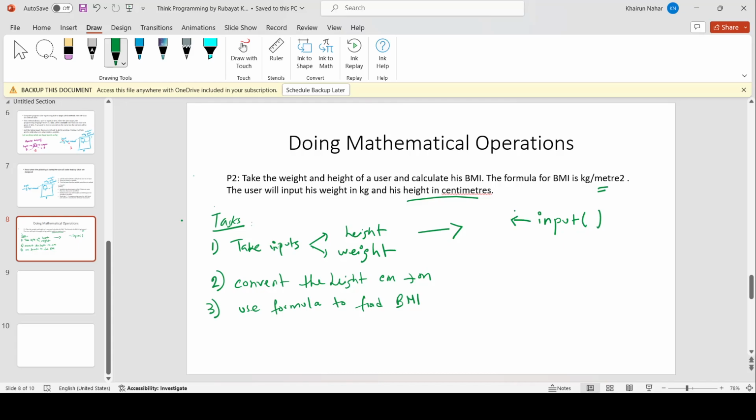So the first input, let this be the height of the user, and it is stored inside the variable, let's name it h. And the second input, weight, is taken using the input function again, and the weight is saved or stored inside the variable, let's name it w.